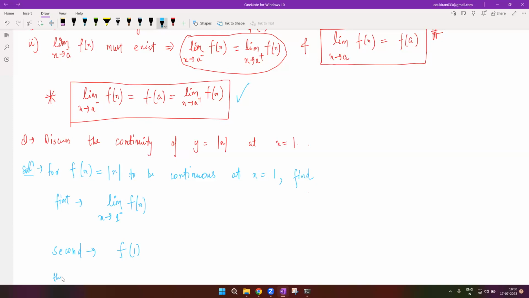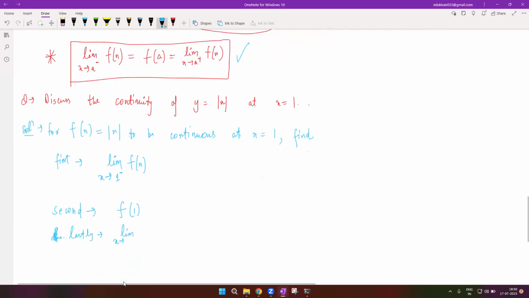And third, and lastly, the value of the function at x is equal to 1 plus, sorry, the RHL at 1.